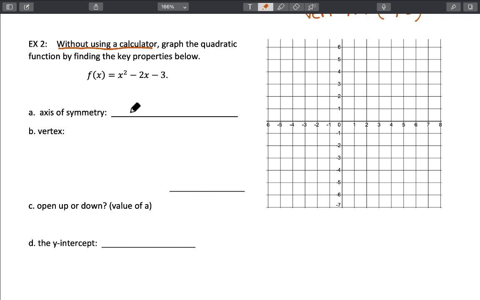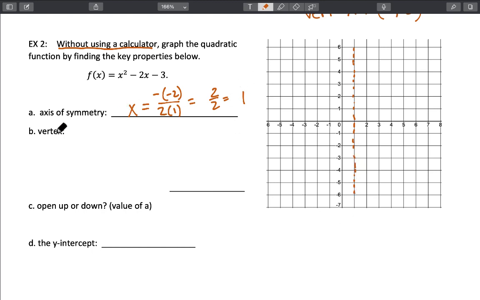Let's start off by finding its axis of symmetry. x equals the opposite of b, which is negative 2, all over 2 times my a value, which is just 1. That's going to give me 2 over 2, and again, that's 1. So my axis of symmetry is this vertical line straight through x equals 1.